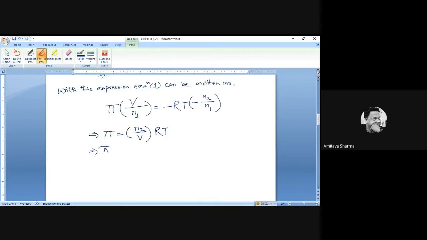Here N2 by V is actually C, that is the concentration. Oh, this is not small pi, this is capital pi that I'm using.